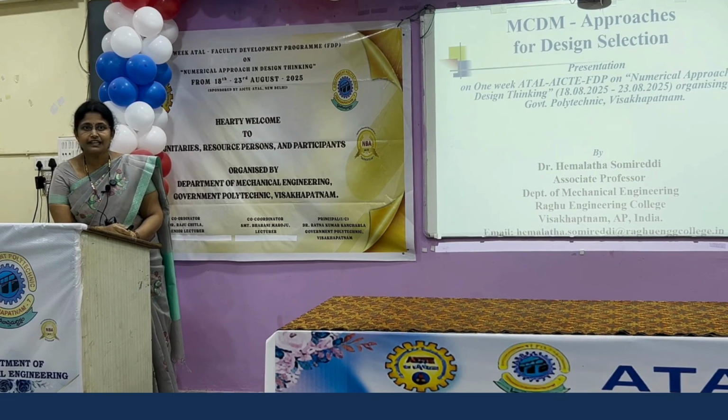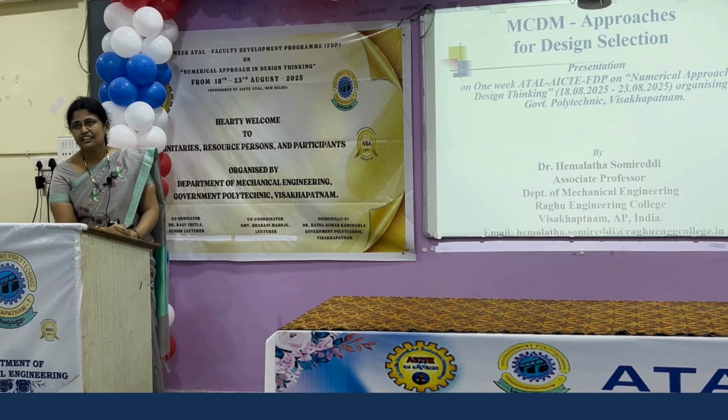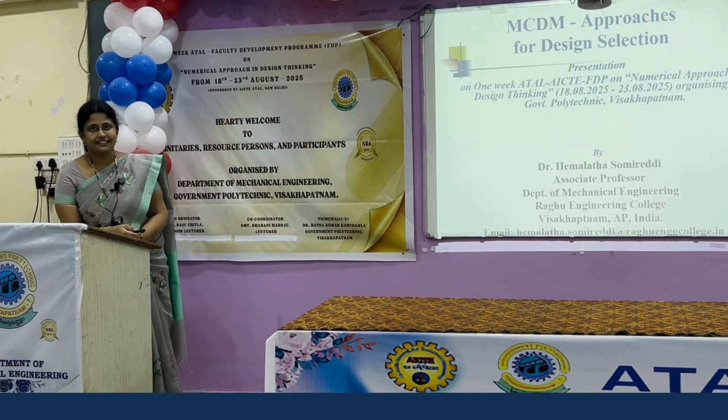For example, in real life, in choosing a wife or husband, we will face multiple criteria. What are those? First, caste. For gents, dowry. Even ladies will also look at the property. Property is one criterion.